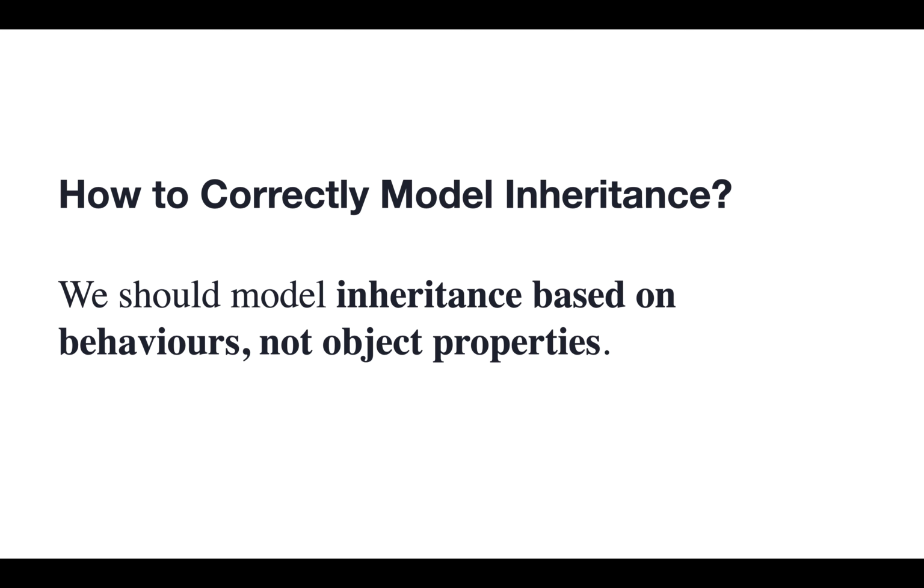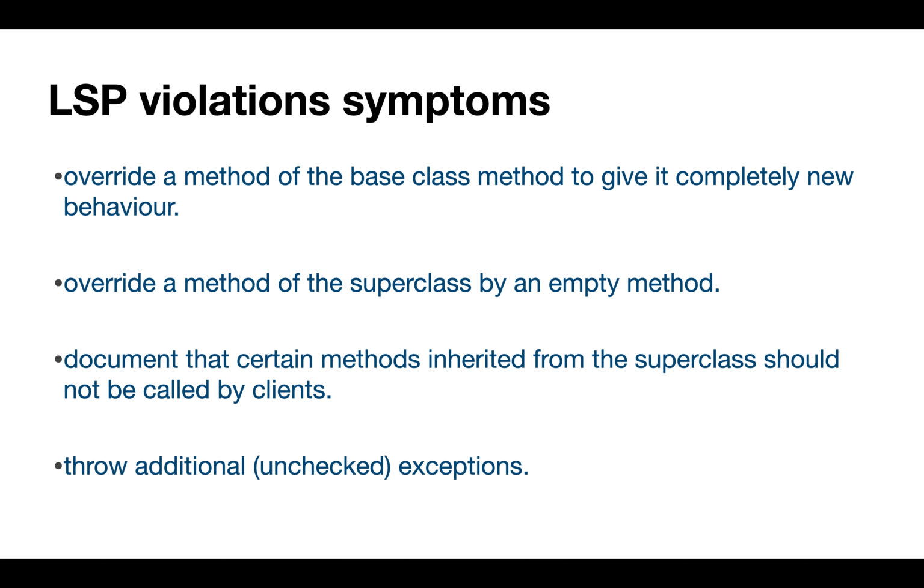Because if we see our sign in class and OTP sign in class, similar object properties, but behavior is different. In sign in, user can log out, but in OTP, user cannot log out, only user can log in. So we should model our instance based on behaviors, not on object properties.